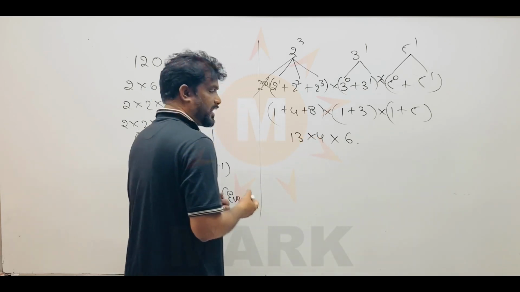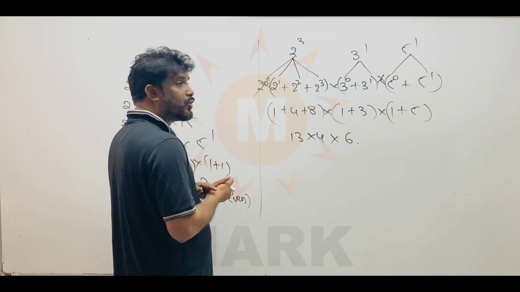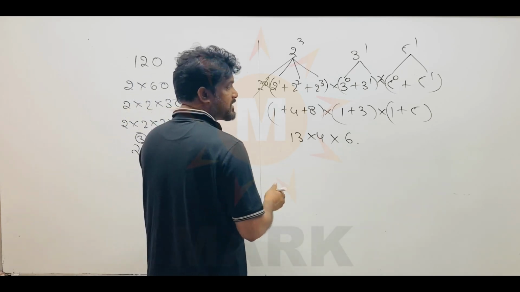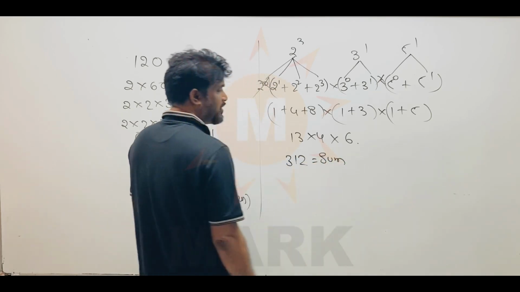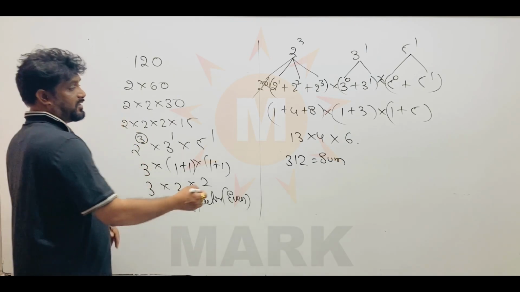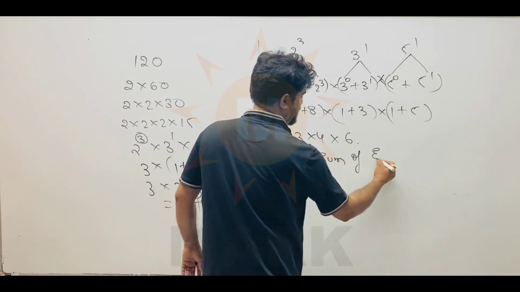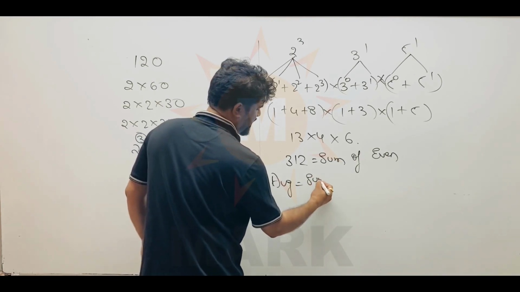What is 13 into 4? That is 52. What is 52 into 6? That is 312. So 312 is the sum of all the even factors. If you want to take the average, you know very well it is sum by number.